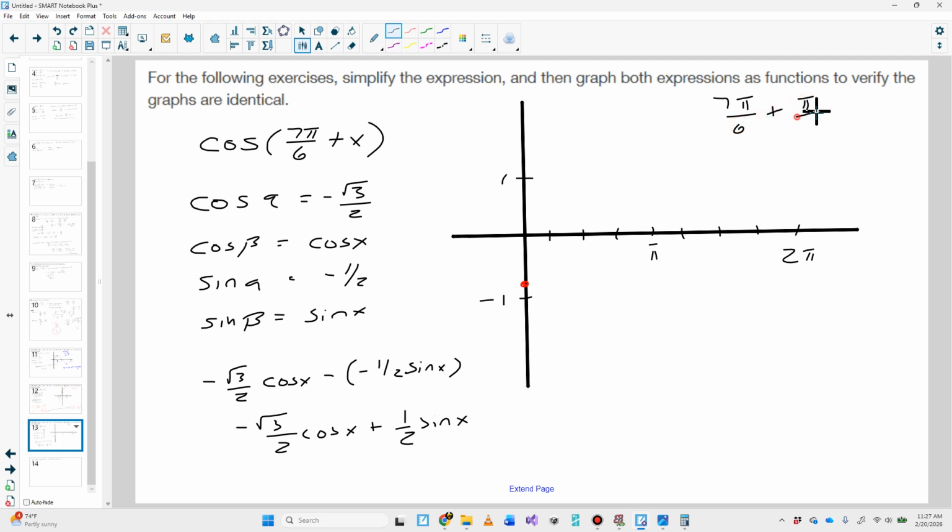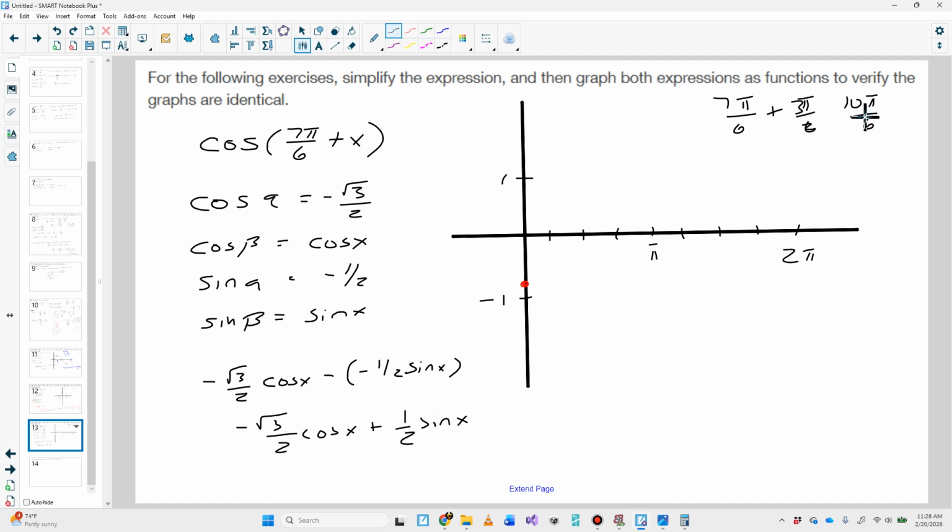If I were to multiply this by 3, I would get 10 pi over 6. Oh, no, I actually can't. There is no 10 pi over 6 on the circle.